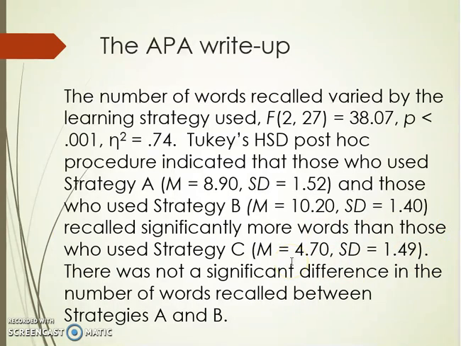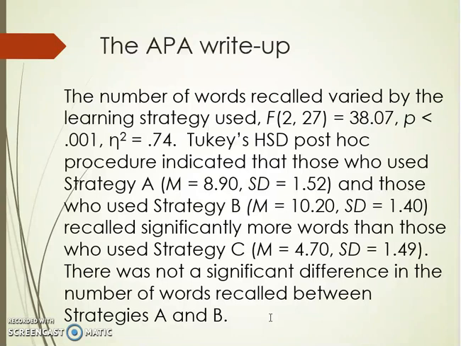So somehow in the text you want to report the results of the analyses that you did as well as the means, because we're not providing a table here, but somebody at some point in time might want to go back and use this information. So we want to be sure that we include both the descriptive statistics as well as the results of the inferential statistical analysis. Then he follows up by saying there was not a significant difference in the number of words recalled between strategies A and B. So this gives us kind of the whole picture of what was going on.